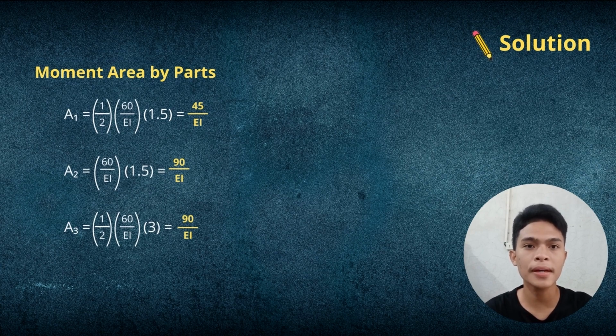These values can then be used to solve the moment area at each part of the beam. From the bending moment diagram, 60 over EI is the height of the shapes formed. Substituting these values with x as the base, we can then solve the area of triangle 1, which is equal to 45 over EI, the area of rectangle 2, which is equal to 90 over EI, and the area of triangle 3, which is also equal to 90 over EI.